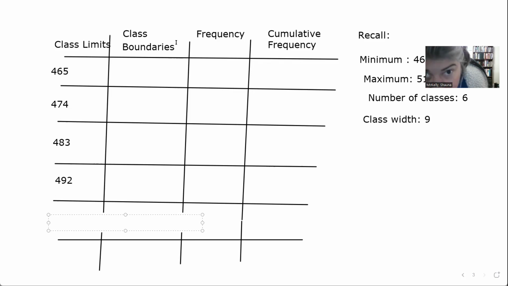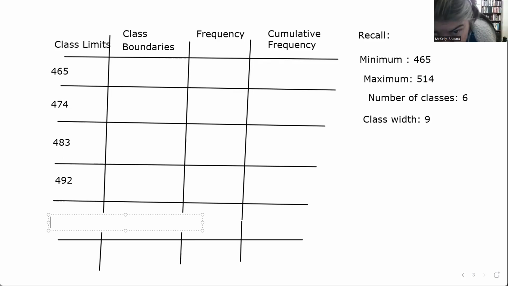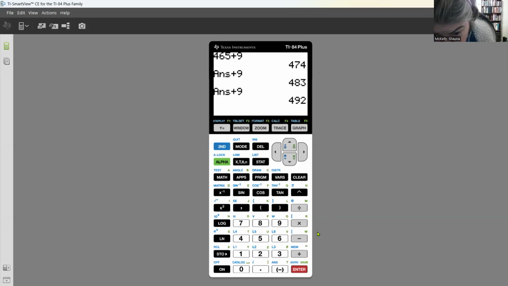So we get, let's go to the calculator here. We get 492 plus 9. We get 501. We add 9. We get 510. I'm going to add 9 one more time. You'll see why in a minute.